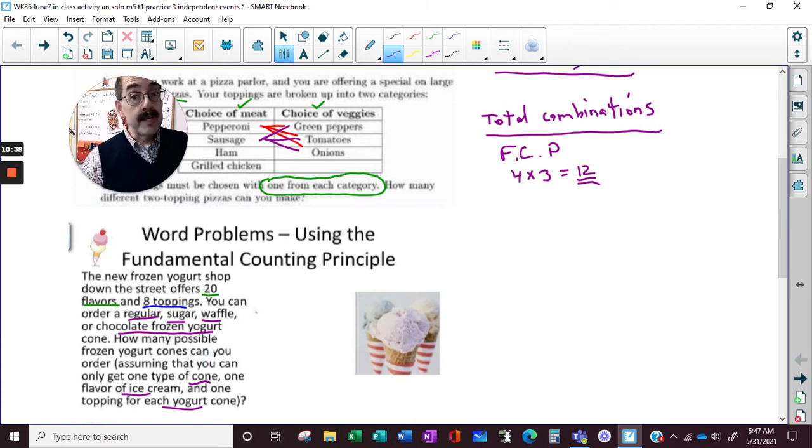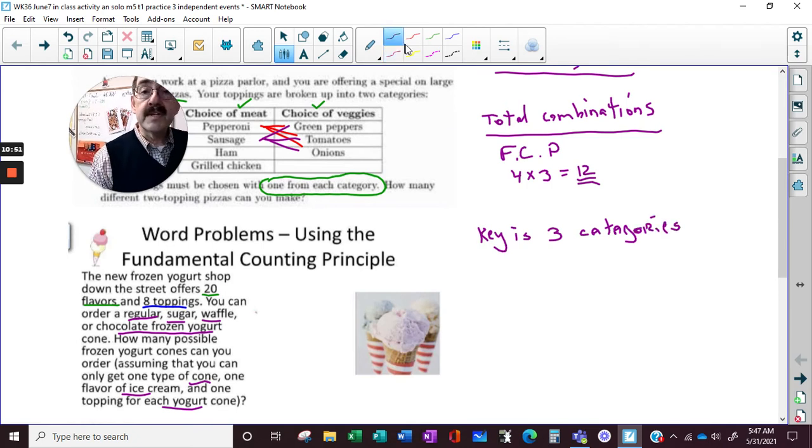Hey, 3 categories. The key is 3 categories. So let's do this in order. First, we have to get the cone, right? And the cone is a regular, sugar, waffle, or yogurt.